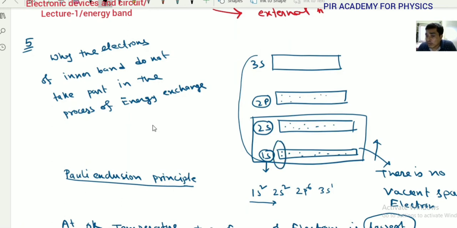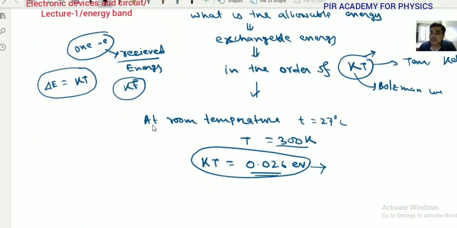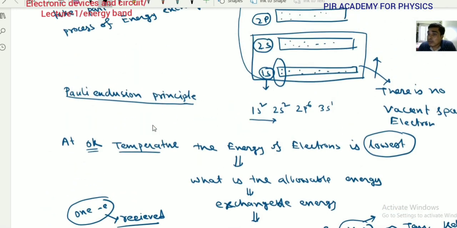That's why the electron of 1s and electron of 2s cannot receive external energy, because there is no vacant space. That's why they cannot receive energy from an external source.